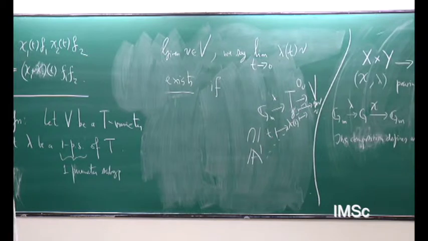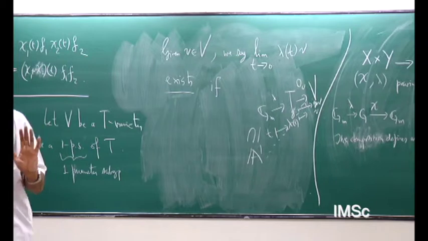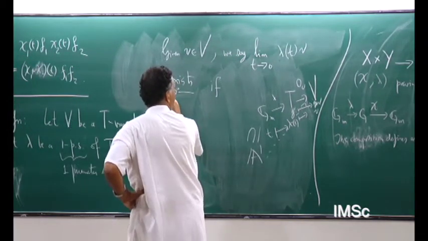I call the image of that extra point, there is only one extra point there, the limit. Simple enough, right?